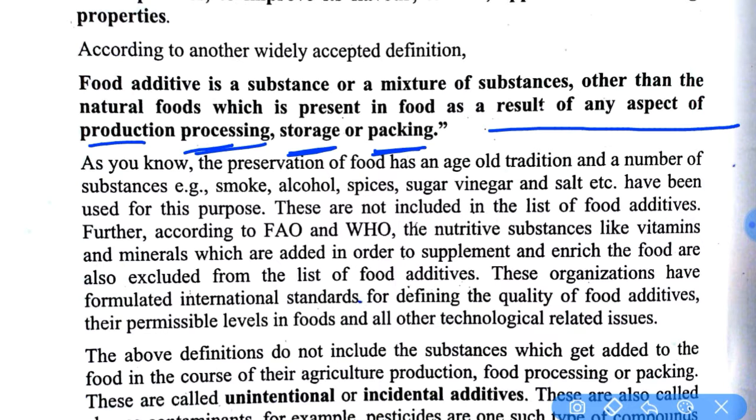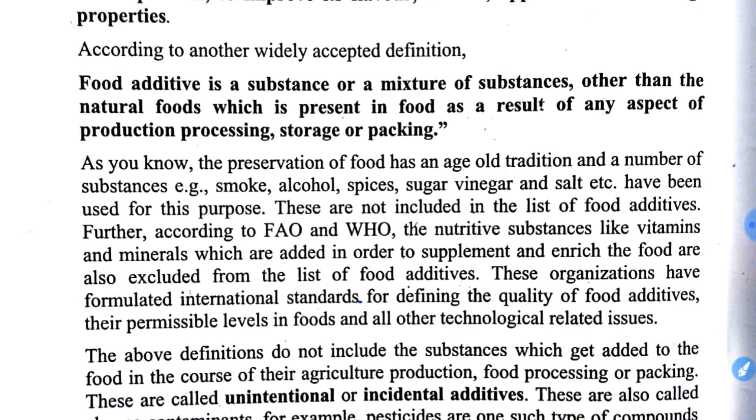Different kinds of food additives have been used in the world from long back, and there is a huge tradition of using food additives like spices, sugar, vinegar, alcohol, smoke.